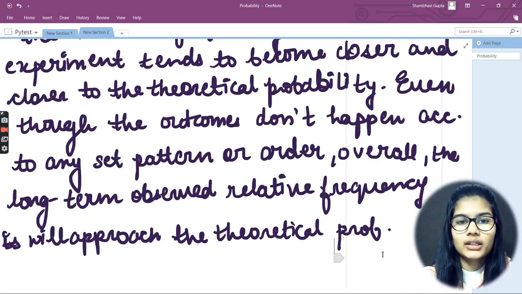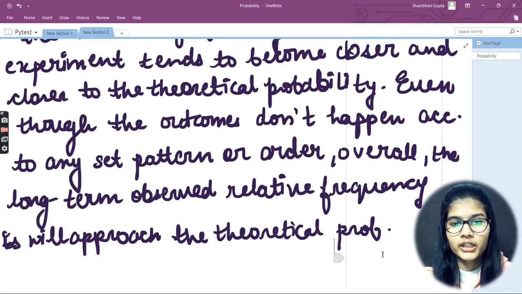Right. So the relative frequency which you have in your experiment will approach closer and closer, slowly, to the theoretical probability. The long-term observed, meaning the long-term empirical, relative frequency will slowly and gradually approach the theoretical probability.